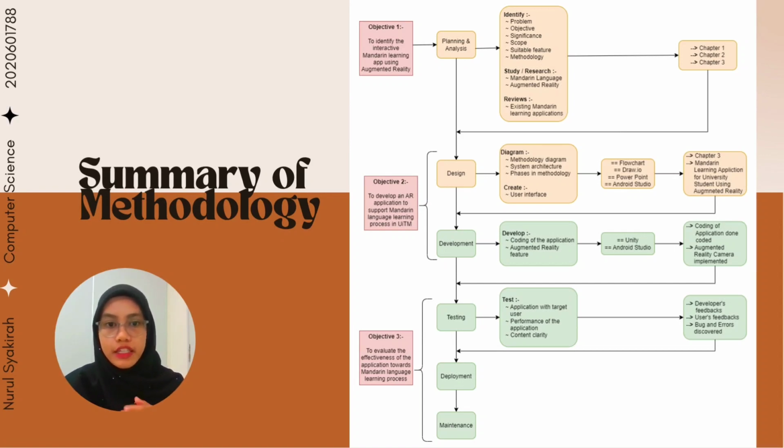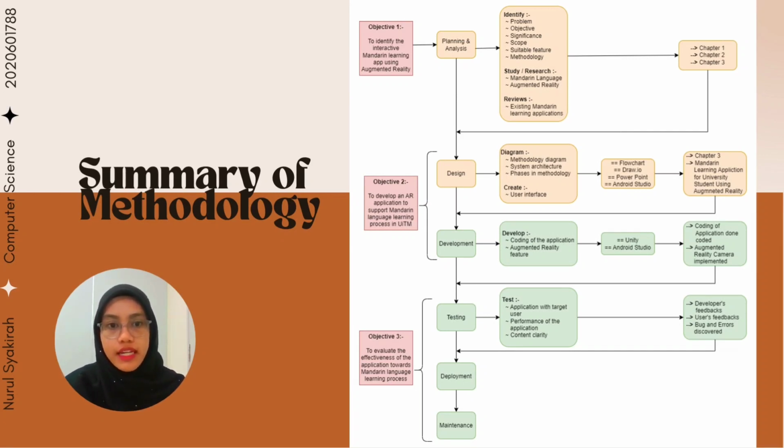So a methodology diagram, a system architecture diagram, and phases of methodology have been designed, and it will also create the user interface. So for the development, it will develop the coding of the application and the augmented reality features. It will use Unity 3D and Android Studio software to develop the application.